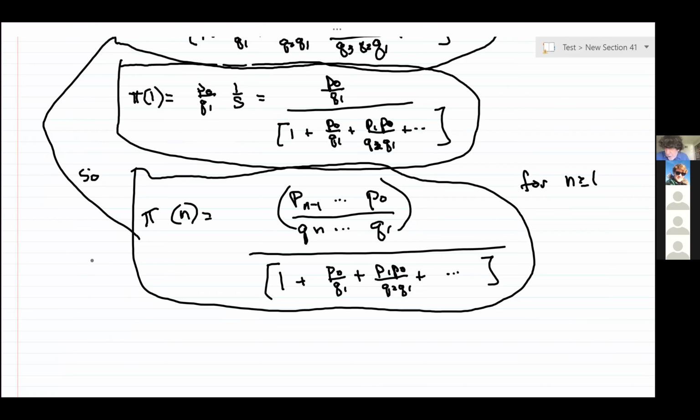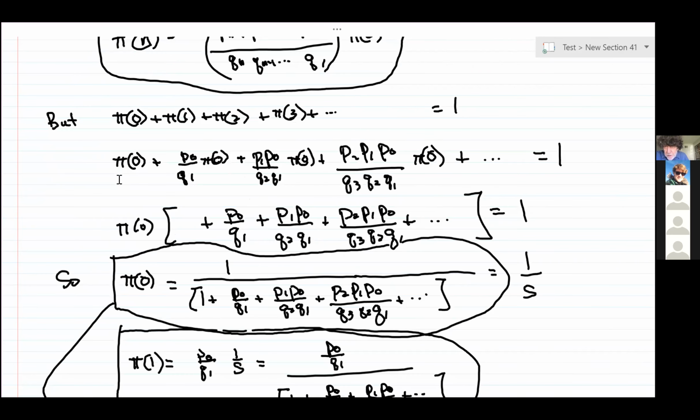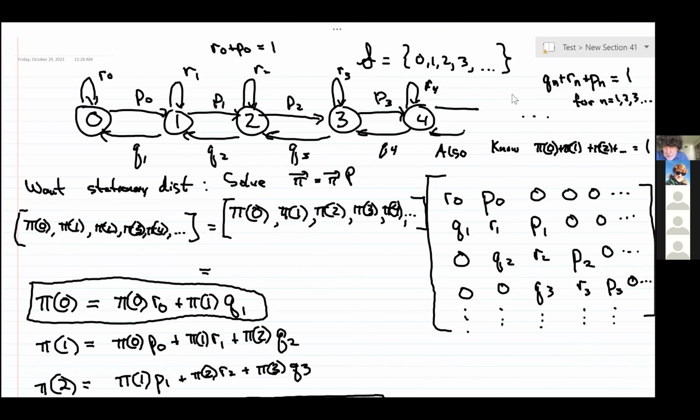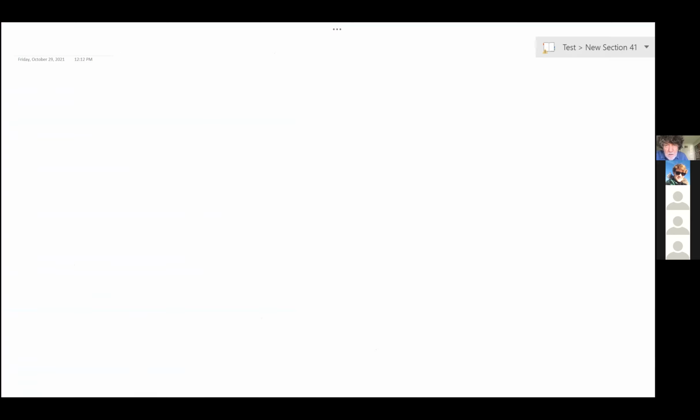Why don't we flip the page, because I think I've got too much on this page. So go back here, add the page. Oh, that's where I want to be, but I can't even get there from here.